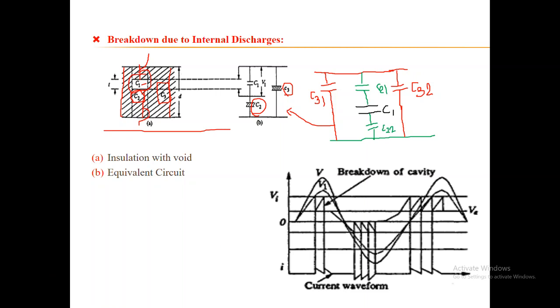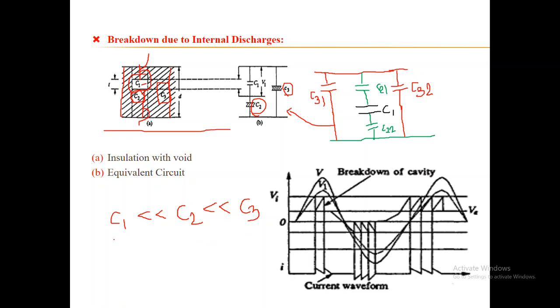Generally, we can write the relationship between these capacitances as follows. C1 is obviously very much less than the capacitance in series with it, and that series capacitance is also very much less than the healthy portion, which is in parallel with the series combination of the healthy capacitance and the void capacitance.